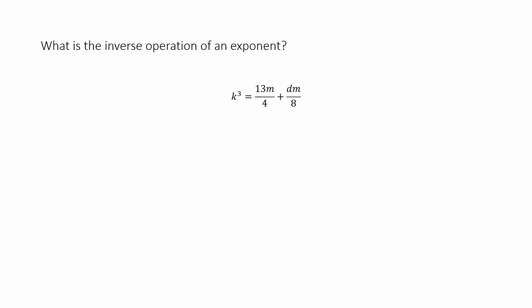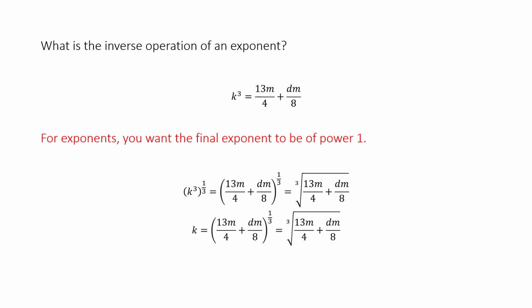So what is the next step? Now, how do I inverse operation of an exponent? So the goal is to make the exponent 1 instead of 3 in this case. So what makes it 3? If I put in 3 and I take it to the power of 1 over 3, now 3 times 1 over 3 is going to be equal to 1.